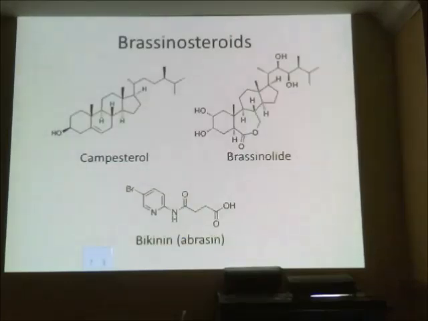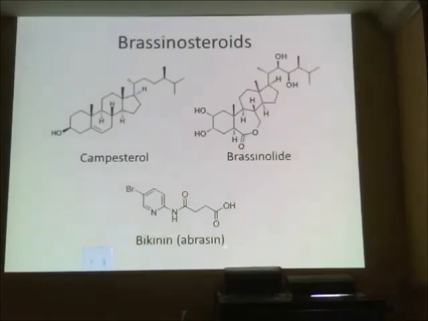What these compounds actually do naturally is they promote stem elongation and also promote cell division in plants. And this synthetic compound is an Arabidopsis GSK3 kinase inhibitor.